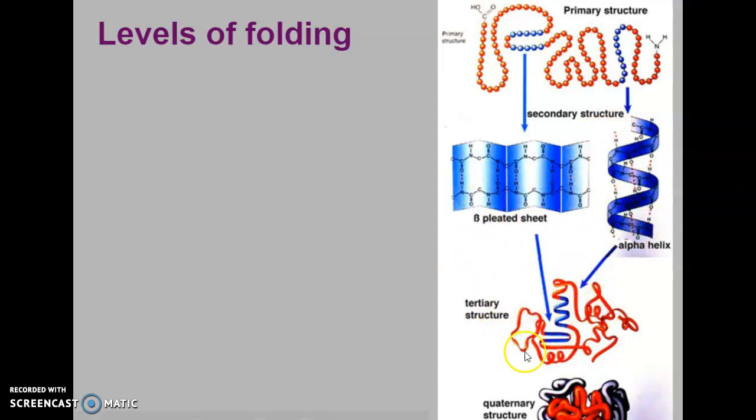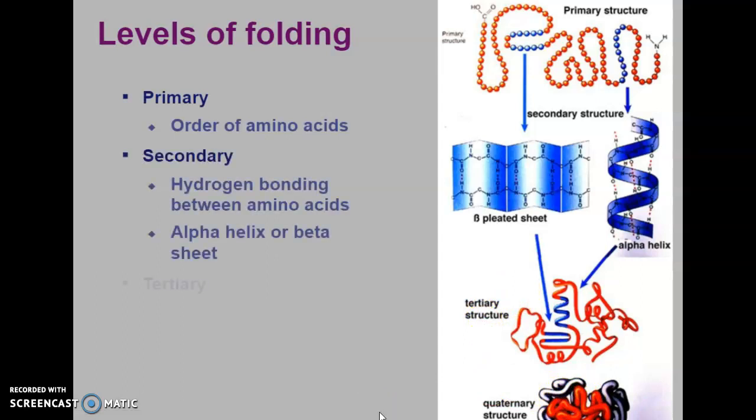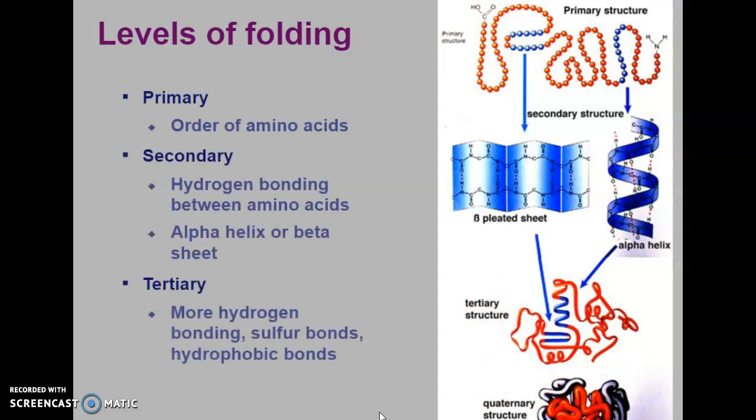As these fold together, they create this globular structure referred to as the tertiary structure. And if you put several tertiary structures together, you get the quaternary structure. And I think that pretty much sums it up.